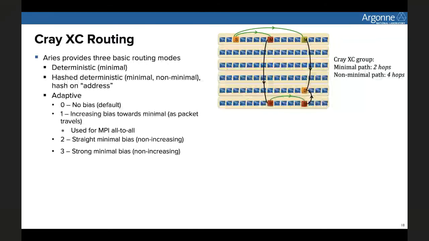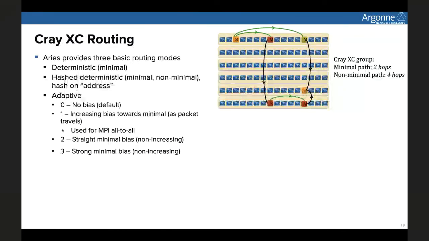Adaptive routing 0 has equal bias towards minimal and non-minimal. Adaptive 1 has an increasing bias towards minimal as the packet traverses. Cray calls this IMB routing.